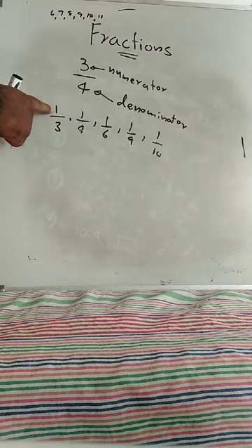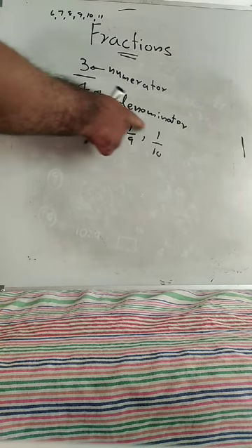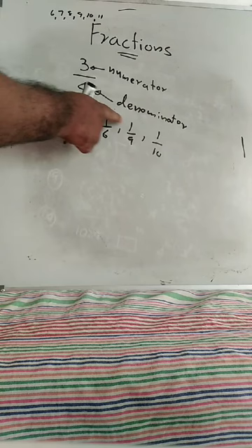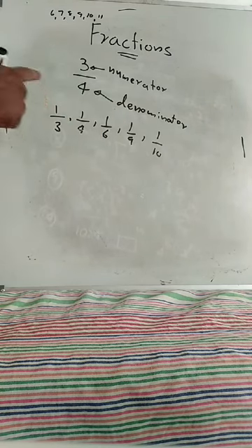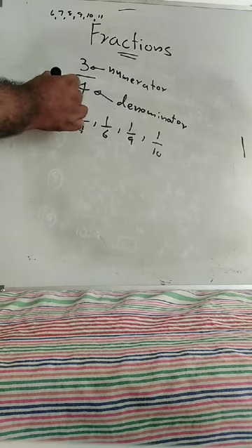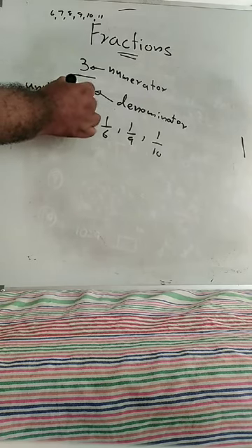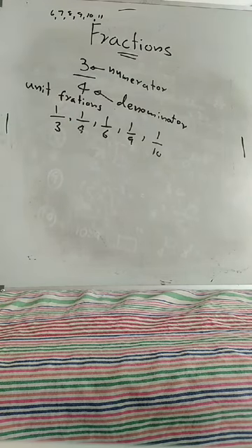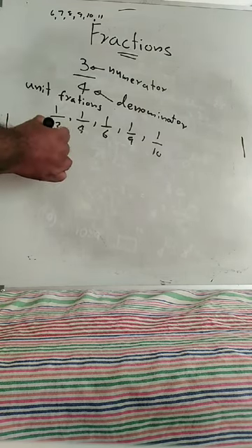In every fraction, the numerator is 1. If the numerator is 1, it is called a unit fraction. Have you heard? Unit fractions. If the numerator is 1, this is a unit fraction.